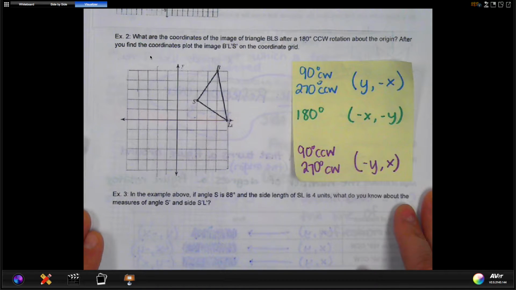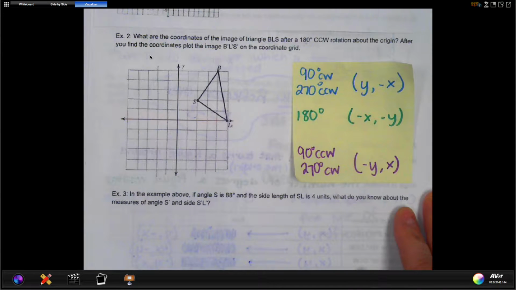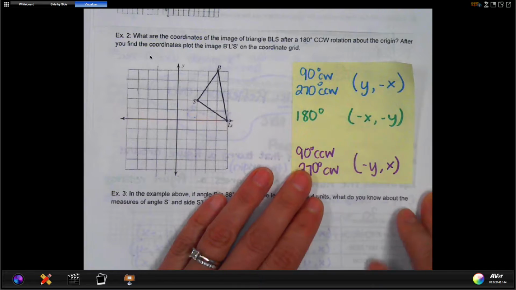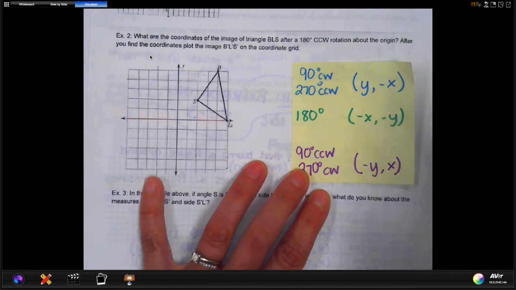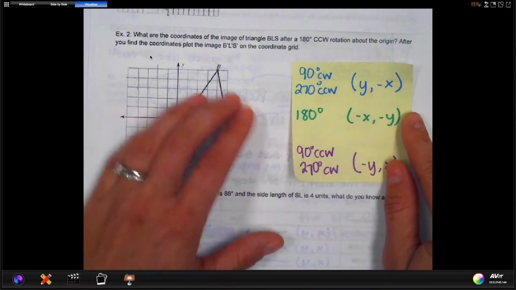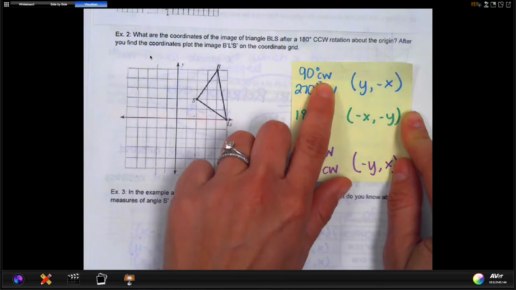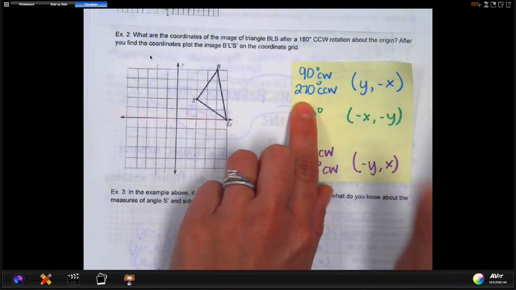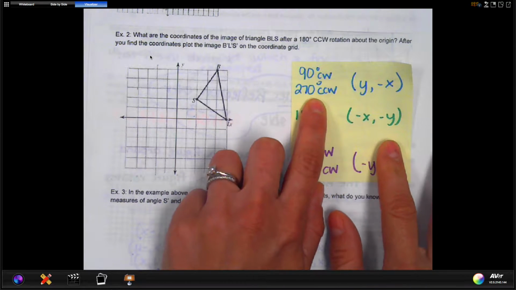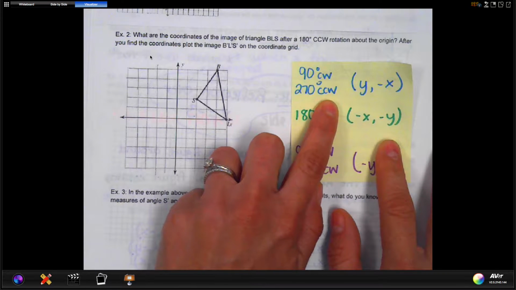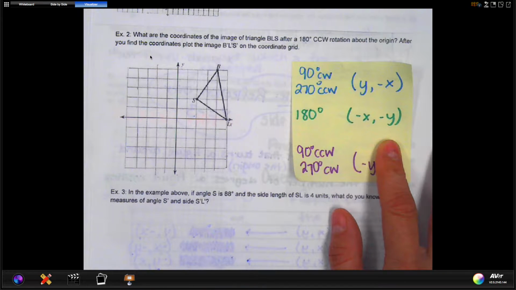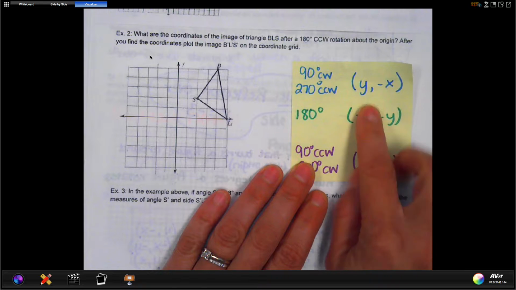Let me remind you that we talked about doing rotations, and we really talked about 3 different rules. If we want to do a 90 degrees clockwise rotation, which is the same as a 270 degree counterclockwise rotation, in the position that it lands, we change positions.